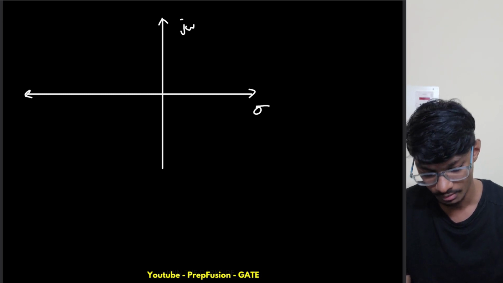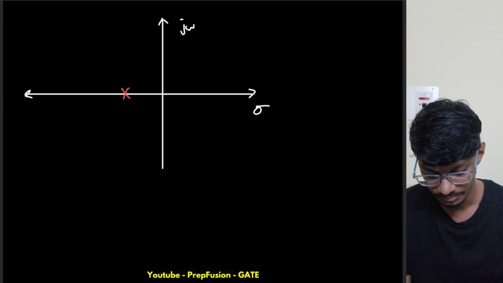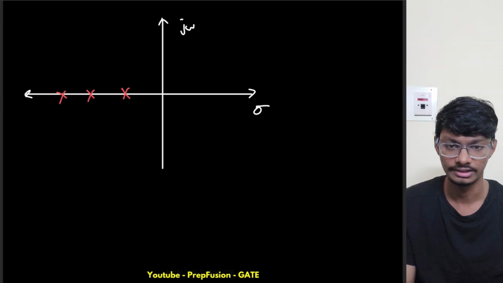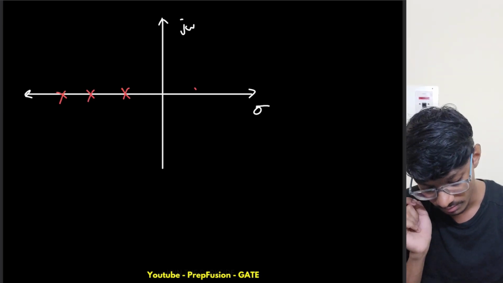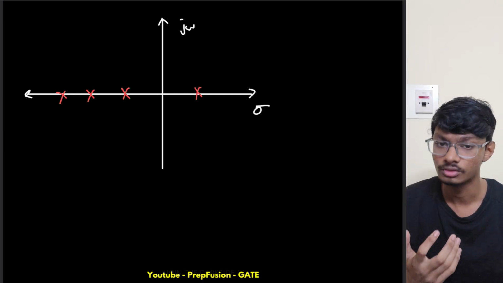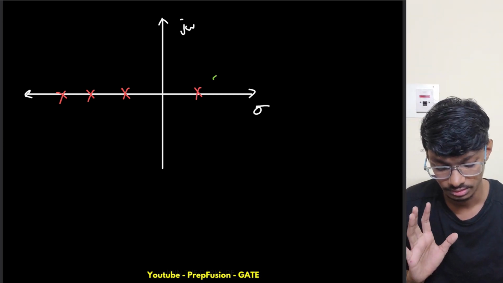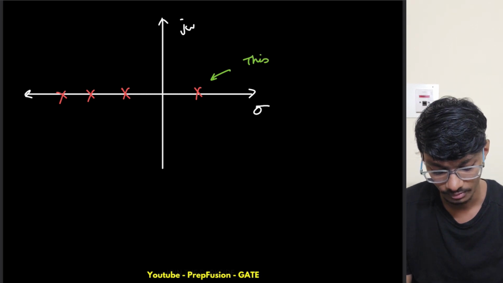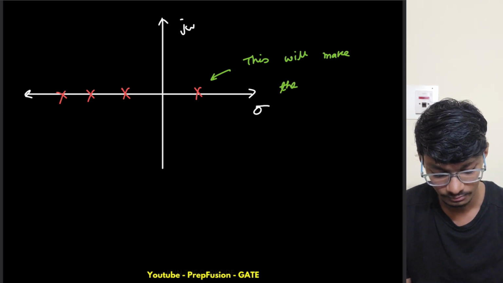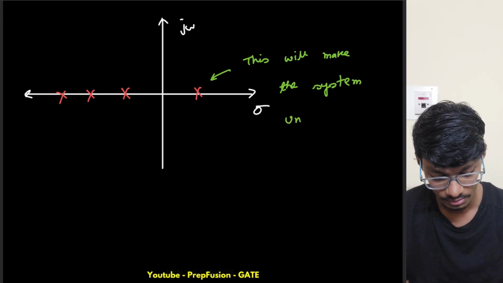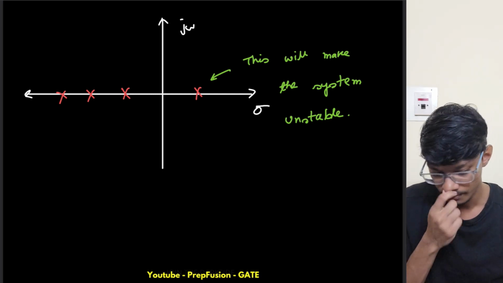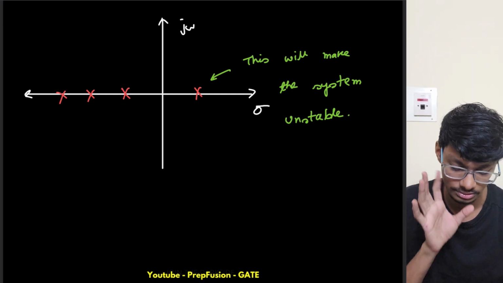Now if we have multiple poles on the left hand side of the j omega axis, but we have one pole only here, then due to this one pole, this will make the system unstable.